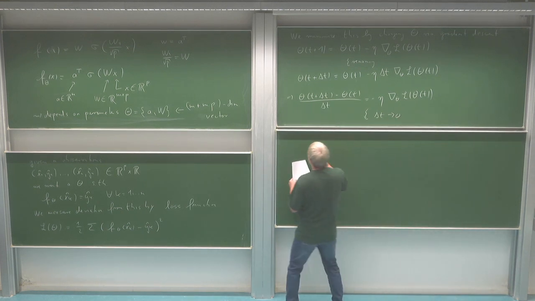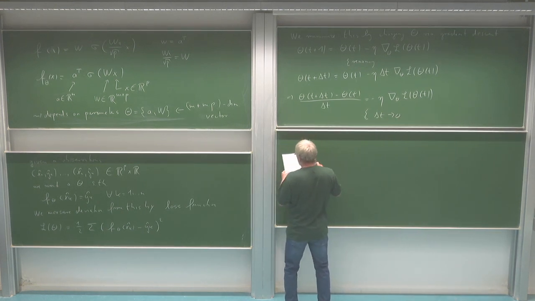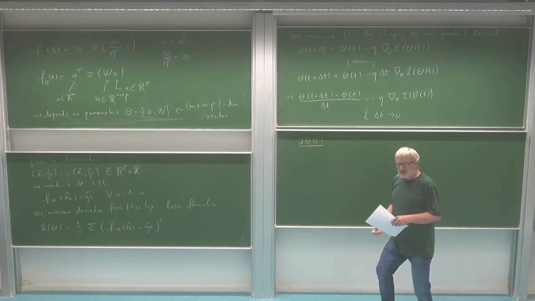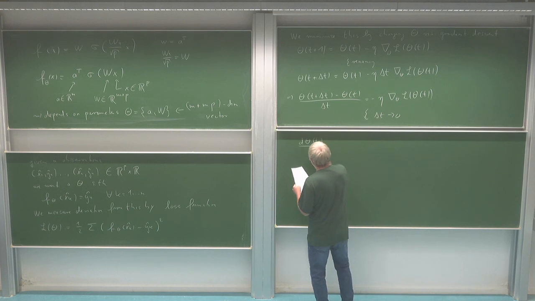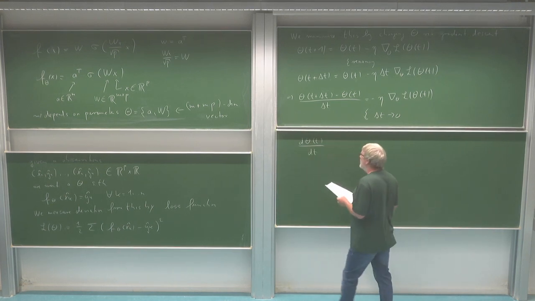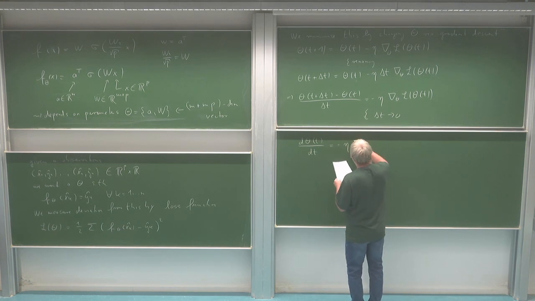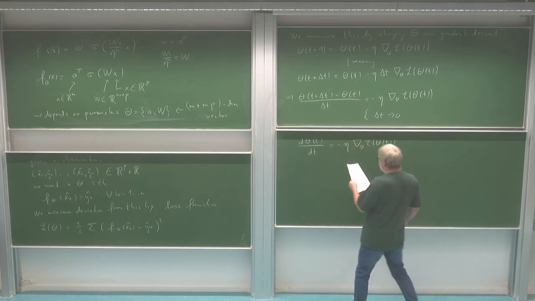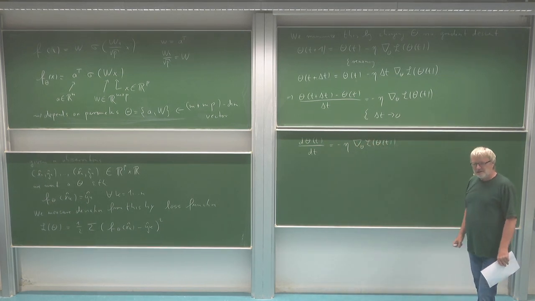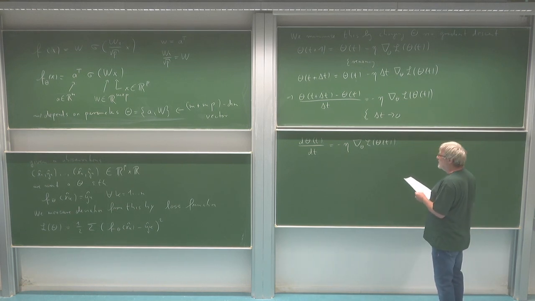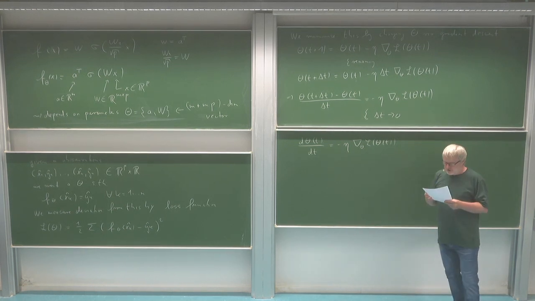So what gradient descent is doing in a discretized way is essentially described by the derivative of my parameters being given by minus eta times the gradient of the loss function at the time t, and the gradient of course with respect to the parameters. So that's essentially what gradient descent is doing if I formulate it in a continuous way.